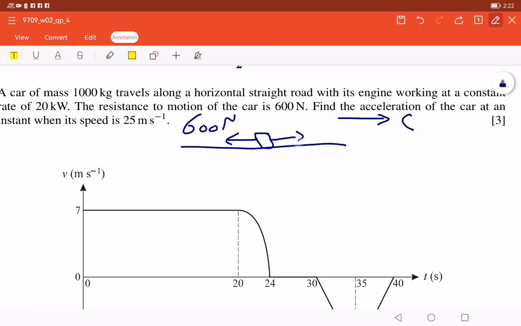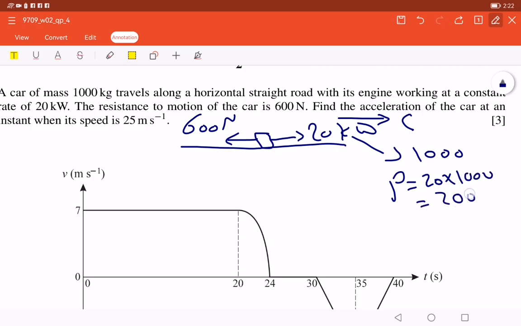Now we have the power of the engine, 20 kilowatts. You must multiply it by 1,000 to change it to watts. So the power of the engine equals 20 multiplied by 1,000, equals 20,000 watts.